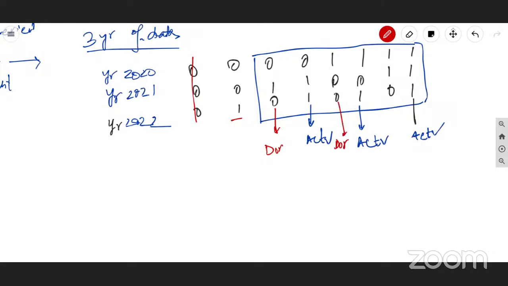This is a bit contradicting. 110 means in the previous 2 years he visited, in 2022 he didn't visit. If I put it as an active, I have a justification that in 2020 and 21 he has visited, 2 out of 3. If I take it as a dormant, I still have a justification because in the last year he didn't visit. Okay, so I can put it as a dormant as of now.